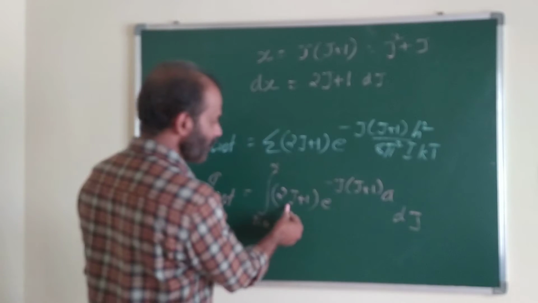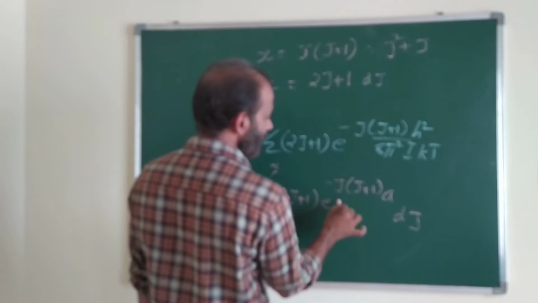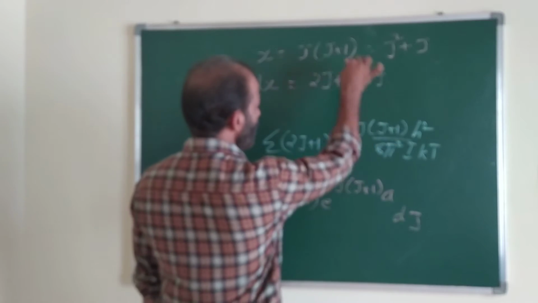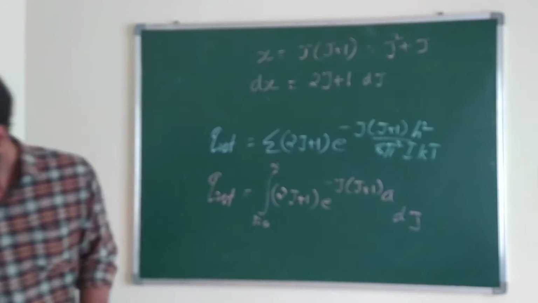So we are replacing 2J plus 1 dJ by dx and J into J plus 1 by x.